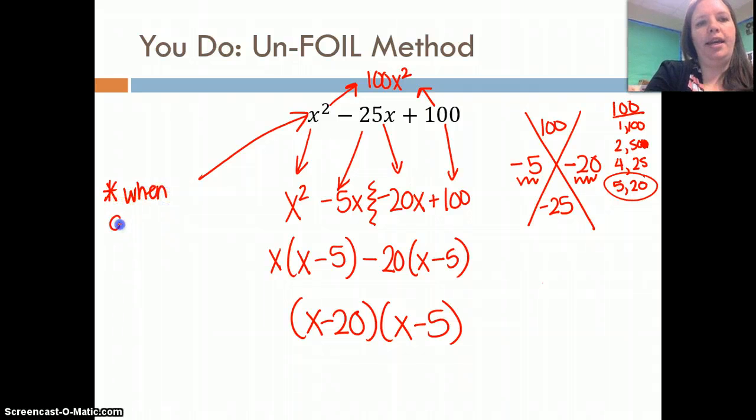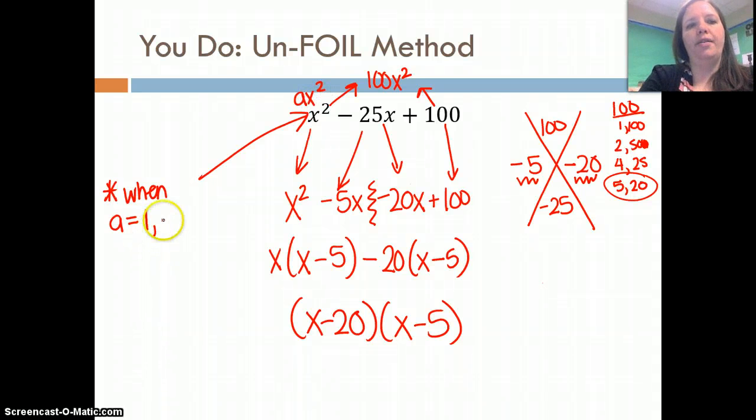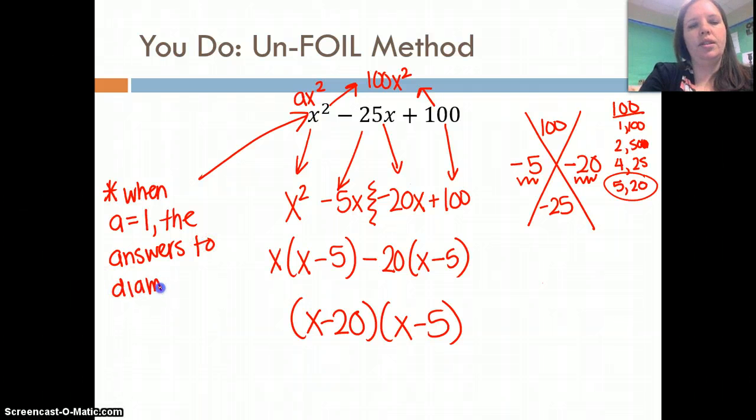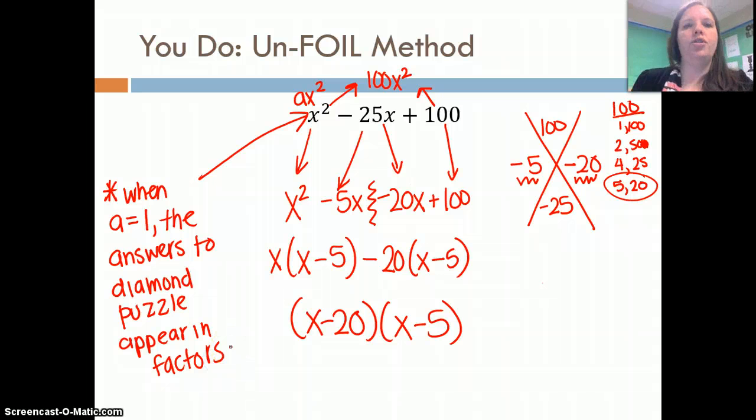When a equals 1, so meaning, remember this is ax squared, when the coefficient on x squared is 1, the answers to the diamond puzzle will appear in your factors. So as you're doing problems like this, you may want to start thinking about patterns like this and maybe using shortcuts to help you get to answers.